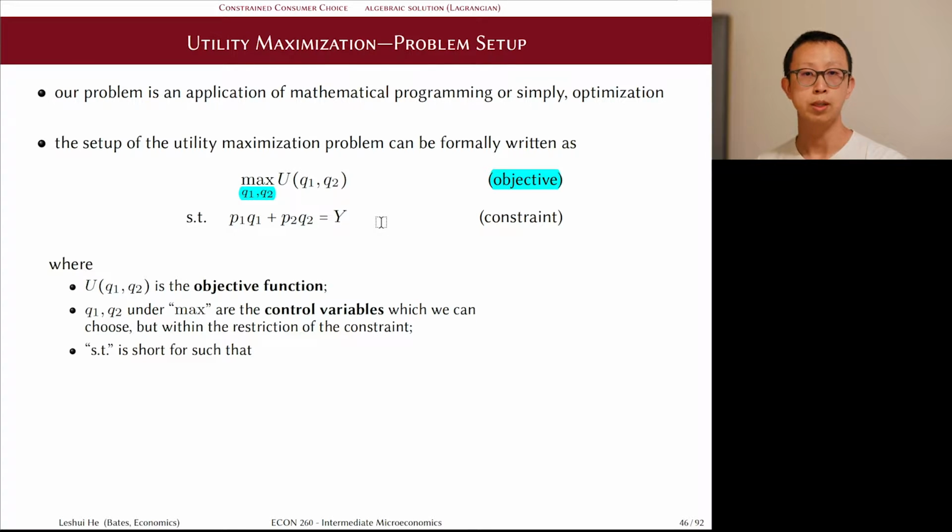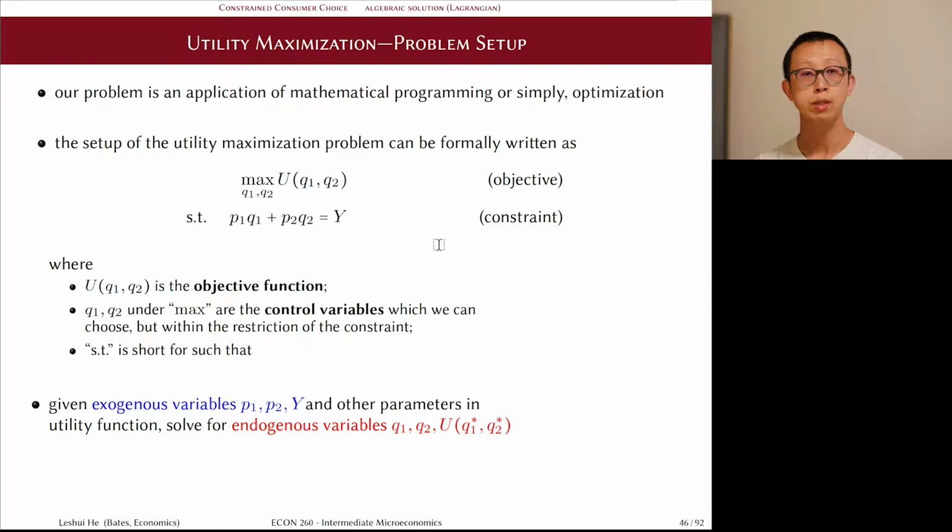So Q1 and Q2 are the endogenous variables to this model. In addition, once Q1 and Q2 are determined, we can also find out how much utility the consumer will get if they consume that particular bundle. And in that case, that particular utility value under those optimal choices is also endogenously determined by the model. So it is also an endogenous variable of the model.